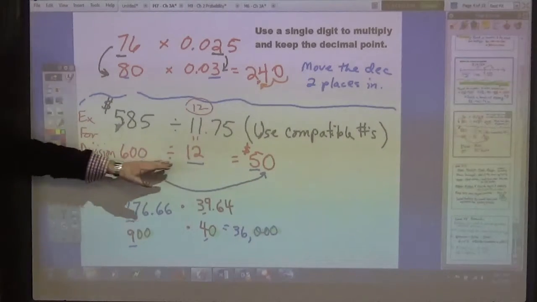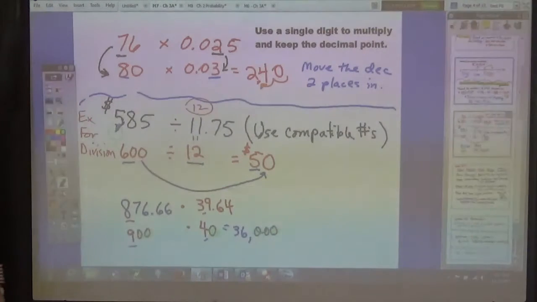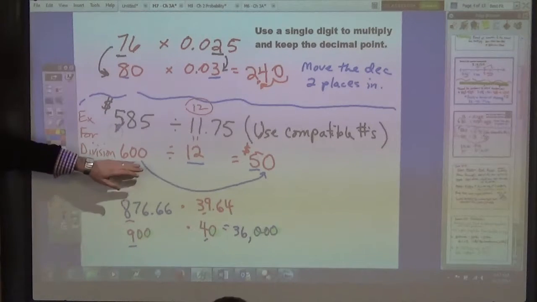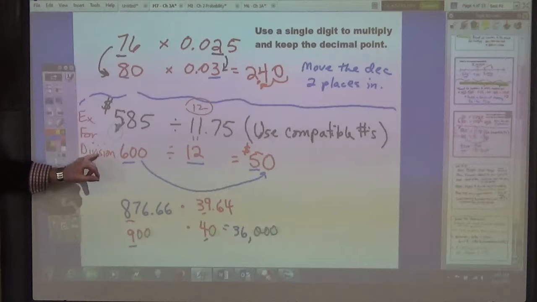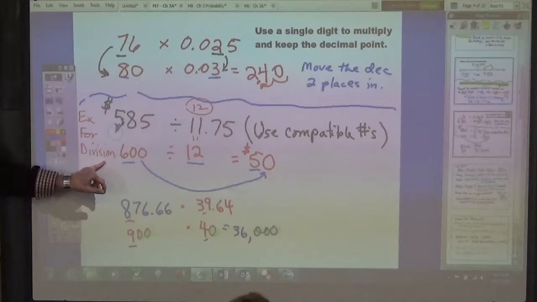So 600 divided by 12 is 50. Okay? Any questions on that example? For division, use compatible numbers. Okay?